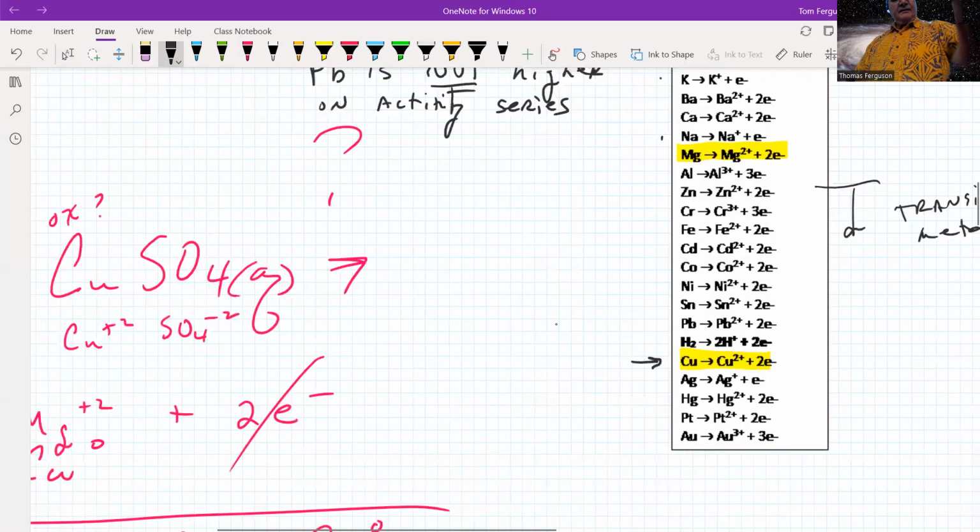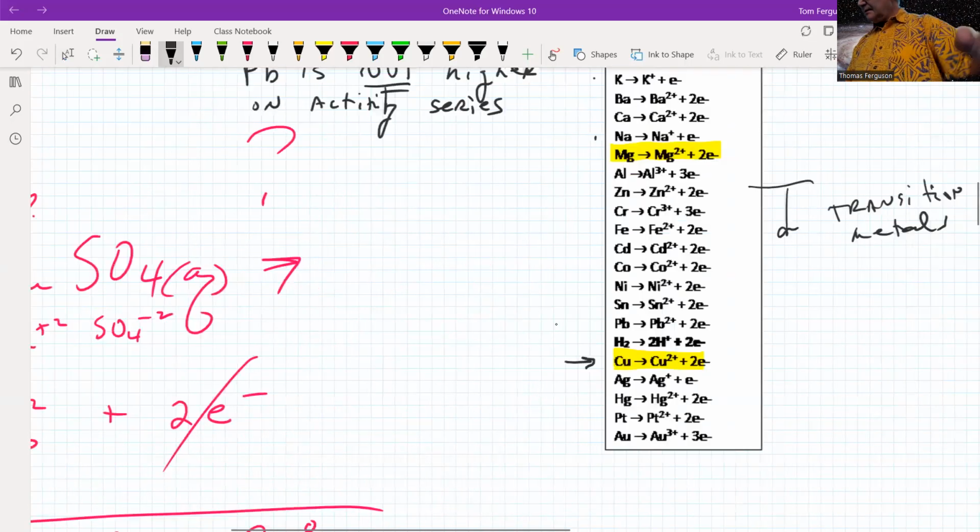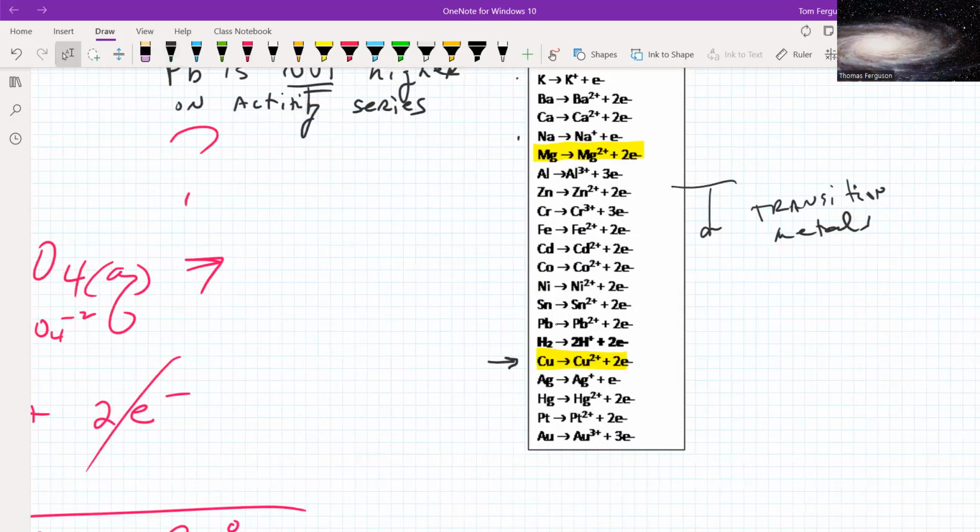So it was copper, magnesium. The greater the gap, the more the stability difference is. The greater the gap, the more the reaction happens, like fast. That's called kinetics. And guess what drives kinetics? Stability.